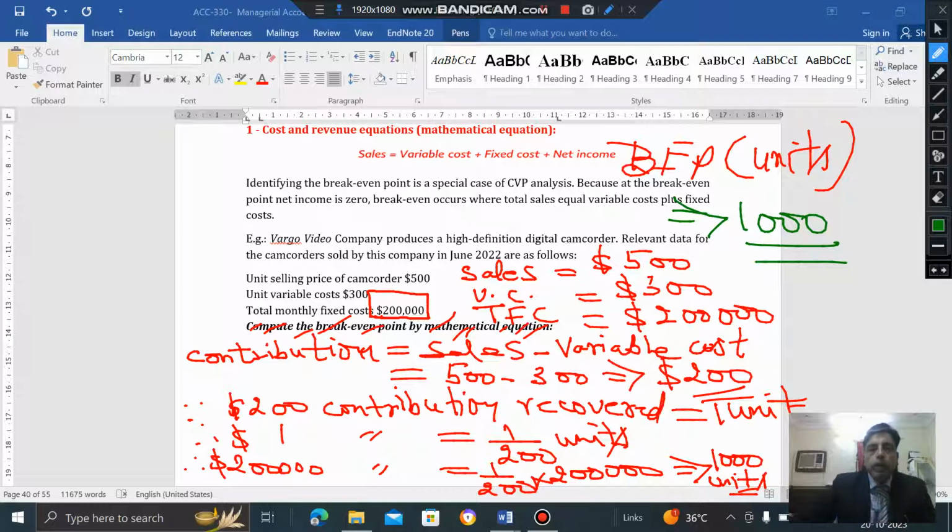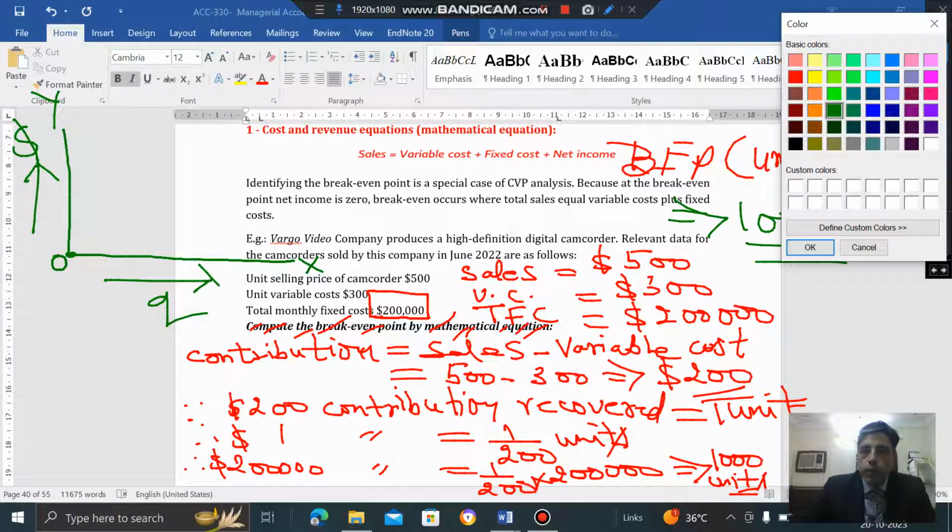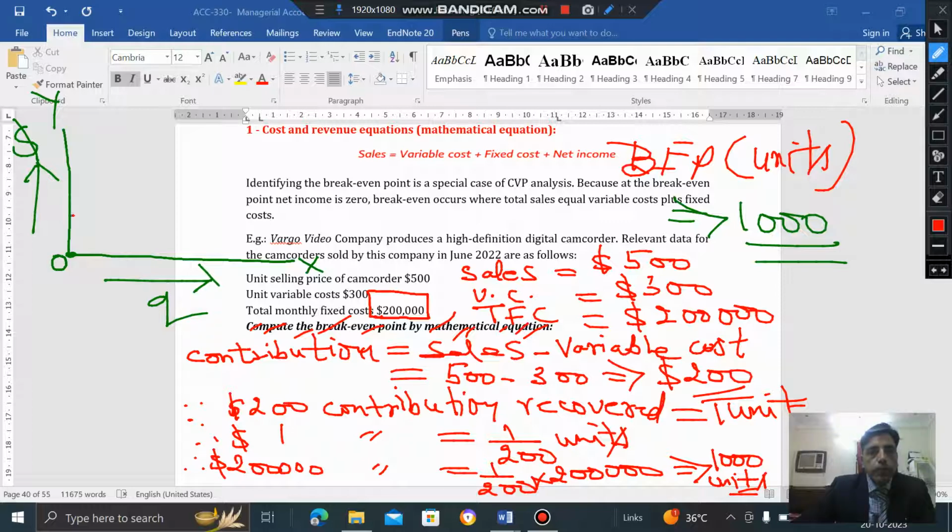Now just a second, we will quickly take a look at how the graphical representation will be done here. This is the x-axis, this is the y-axis, this is the starting point 0, zero quantity produced, so zero cost. Cost and revenue will be on the vertical side, and the horizontal will be the quantity. Fixed cost, as I said, would remain the same irrespective of your production. If you have no production, still the fixed cost would remain there.